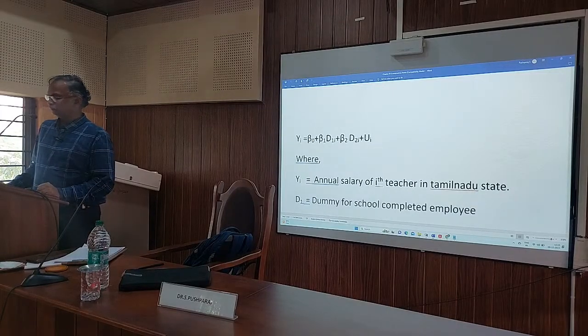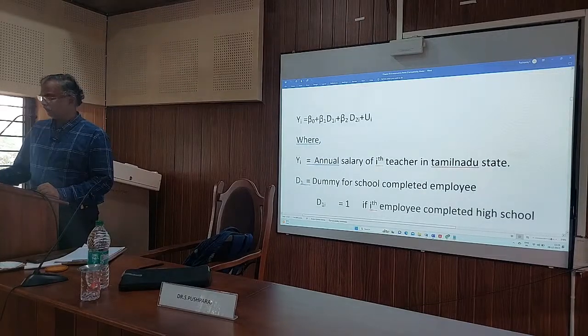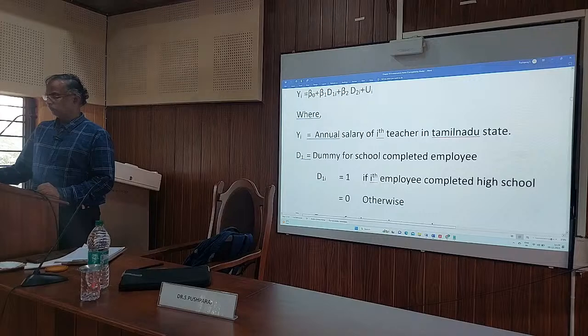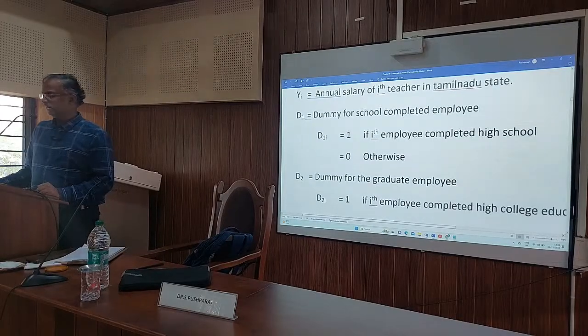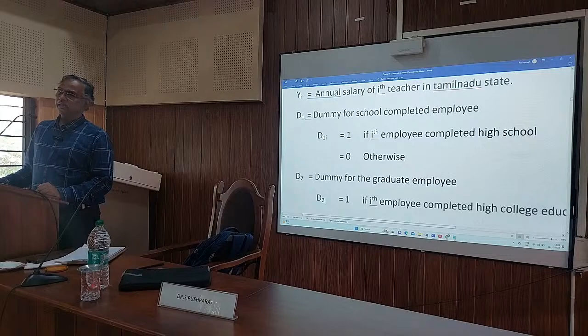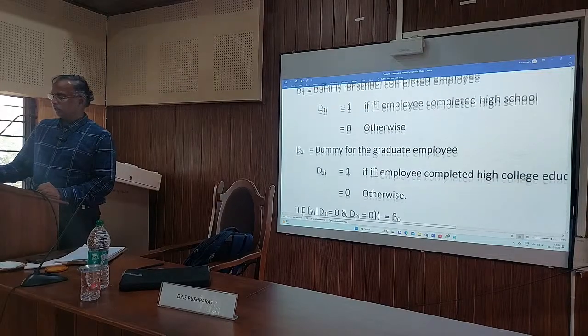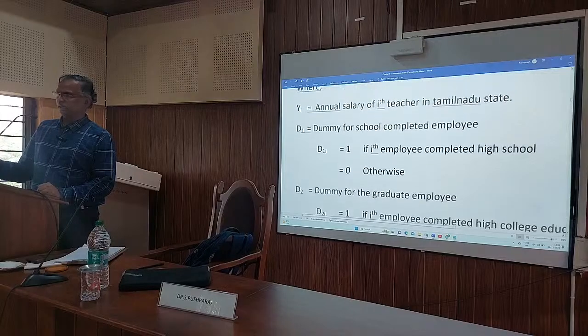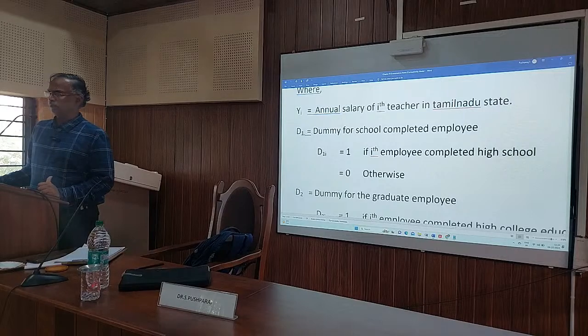So salary, the first dummy is for school, employees who have completed school. The second dummy is for graduate employees, right? The third one could be illiterates again. Illiterates, school completed and college completed employees.